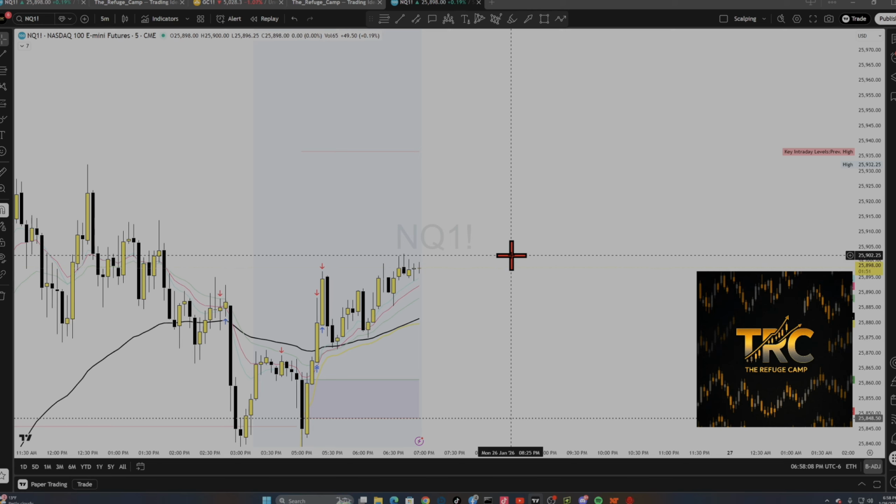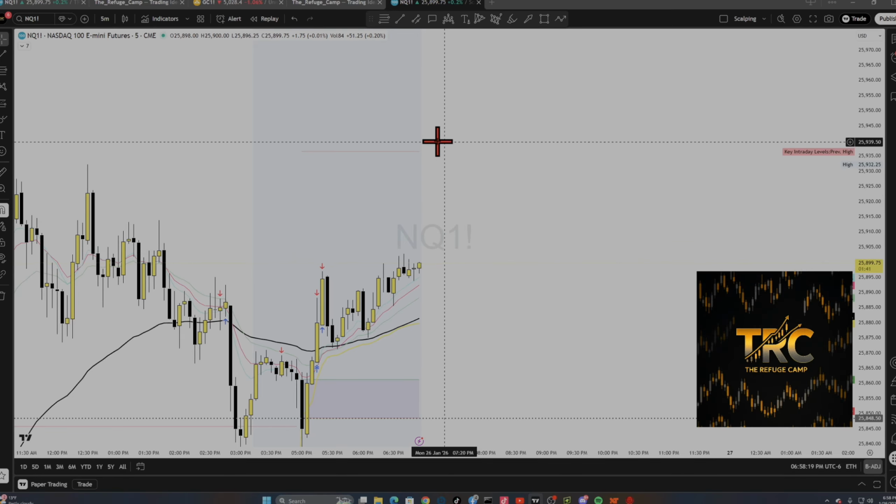We don't want to give money back. So if you catch a runner from a scalp, don't put a hard target on the chart. Trail it up every 5 points. If it comes back and gets you, it's just extra that you were not planning to get anyway. Make sense?